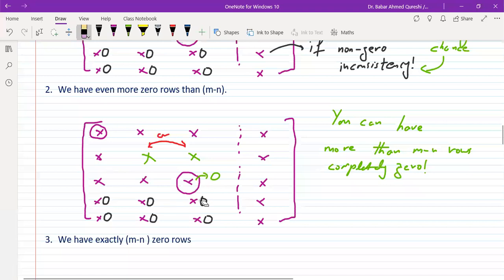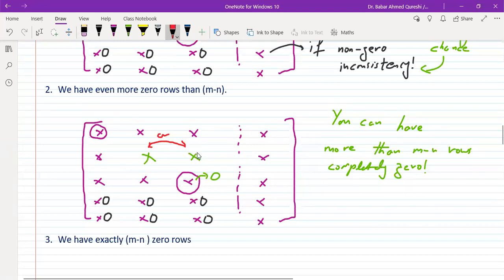So when you have more than m minus n rows to be zero, then you have n variables, but more than m minus n rows to be zero, so some variables will be free variables.